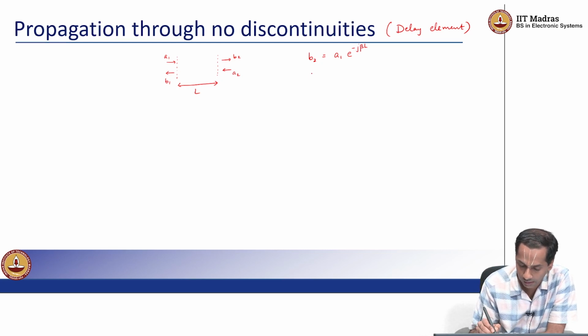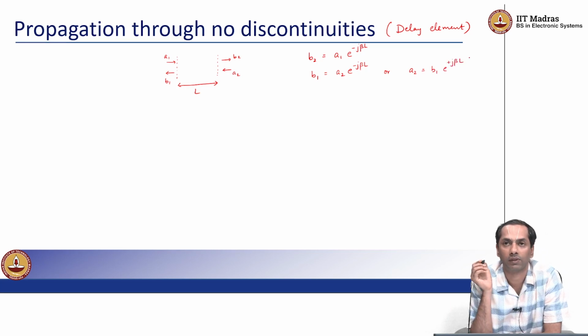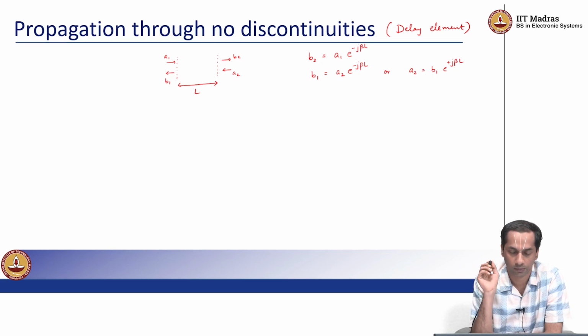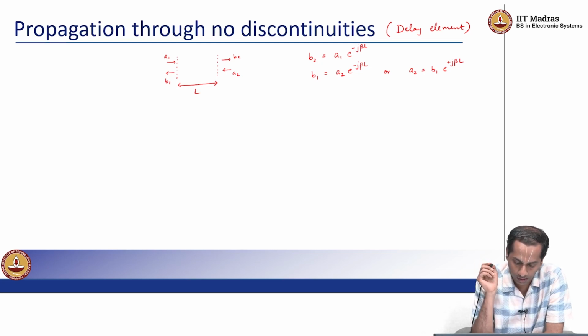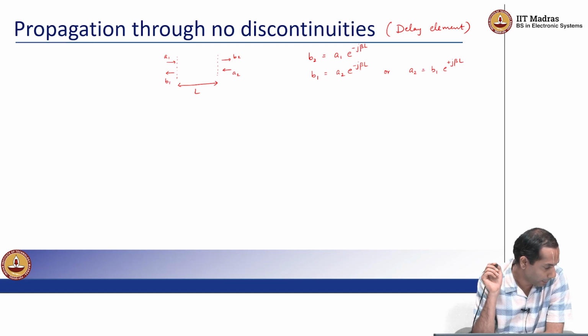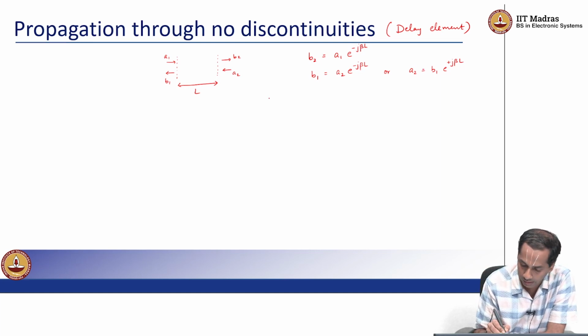Similarly, we can say that B1 is A2 e to the minus j beta L, or we can say that A2 is B1 e to the plus j beta L. Right. Whether it is for the T matrix or the S matrix, you can just swap the order of A2 and B2, right? So we actually get a very simple S matrix.